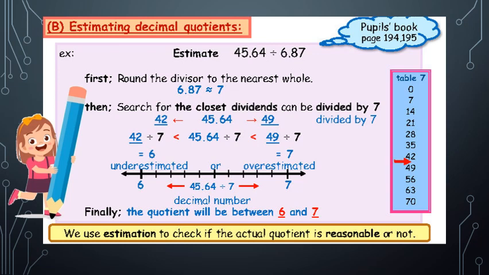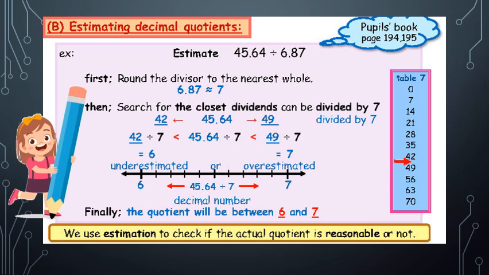Then we will take the dividend, 45 and 64 hundredths. We estimate up and down according to the times table of 7, because the divisor is 7. So 45 and 64 hundredths is located between 42 and 49. It is bigger than 42 and smaller than 49.